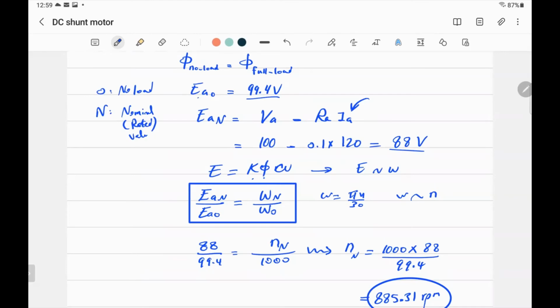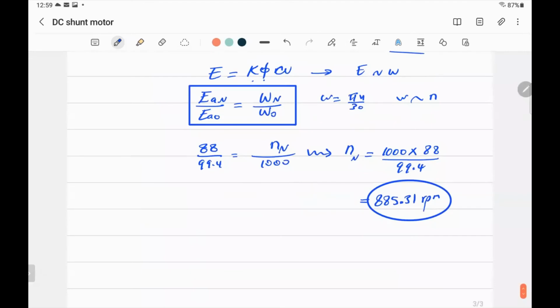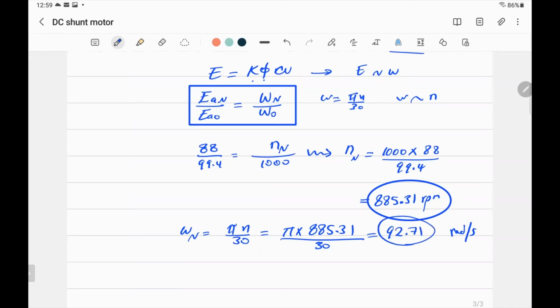So we know that. But before we do, let's just get omega by making it pi n over 30, where n is equal to 885, because we'll need it for the divided by 30. So we get it in radians per second, 92.71 radians per second.